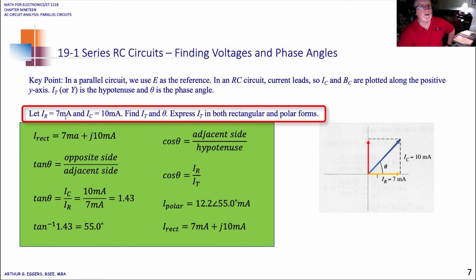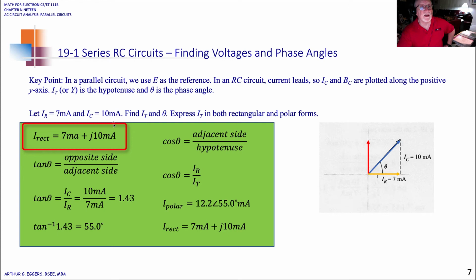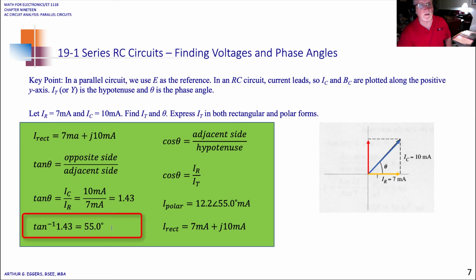Taking what's given, 7 milliamps, 10 milliamps, we plug it into the rectangular format using the j operator. Then using the sides of the triangle, opposite and adjacent, we can solve for the tangent, taking the inverse tangent to give us that phase angle of 55 degrees.